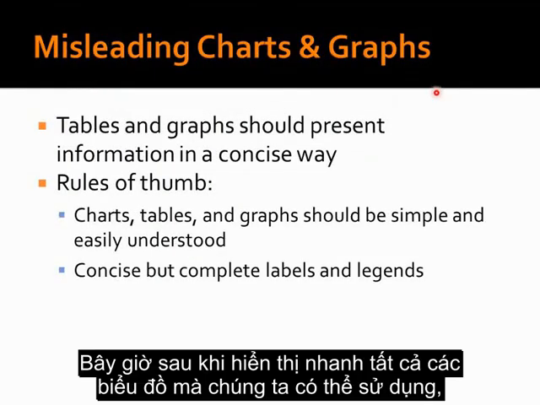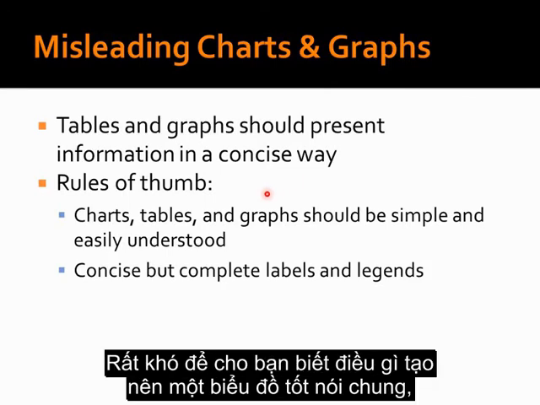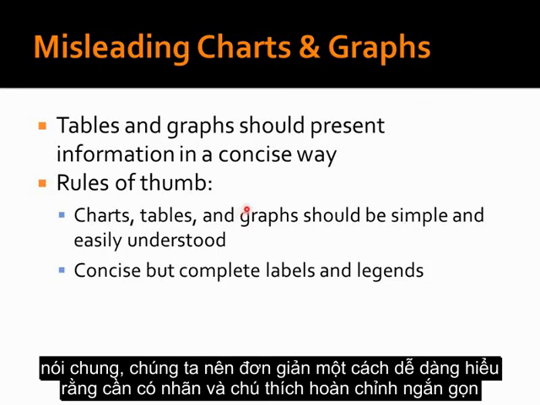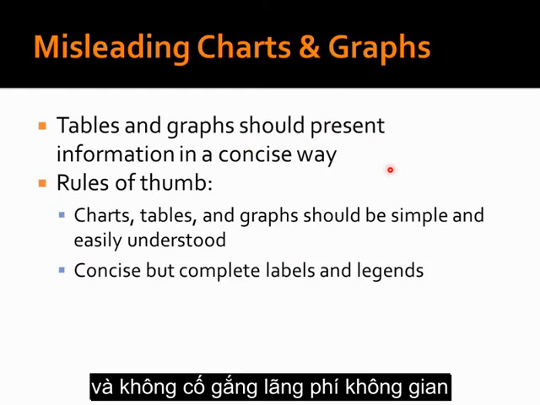Now, after a quick run through of all the charts and graphs that we can use, I'll mention a couple of rules of thumb. It's very hard to tell you what makes a good graph or chart, but in general, it should be simple and easily understood. There should be concise, complete labels and legends. Most important, it should present information in a concise, understandable way and not waste space.